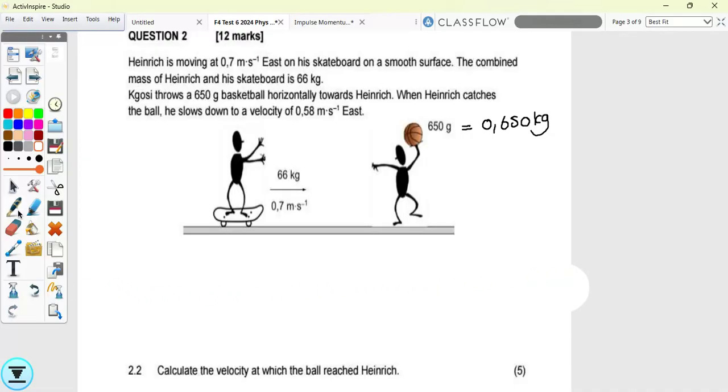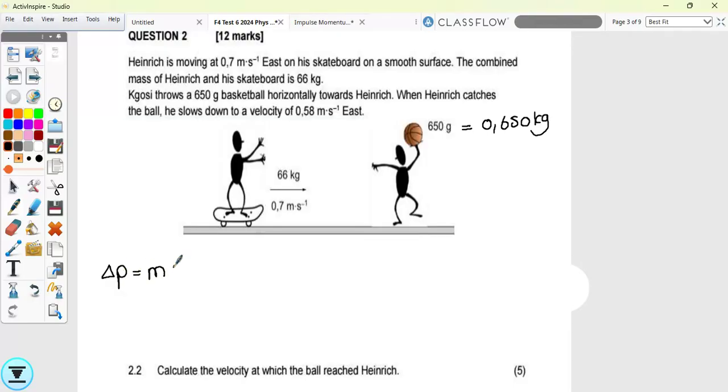So what equation am I going to use? You'll see after all the mechanics is done, that becomes your biggest question. What equation must I use? So for this one, what are we going to use? Is there one object or two objects?